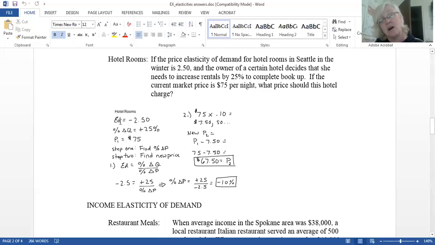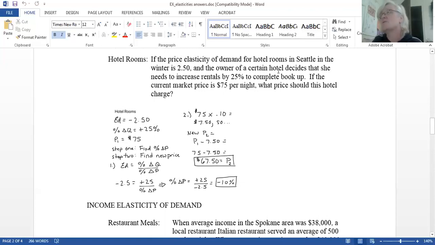That introductory clause said to me, I translated that from English into econ: ED equals negative. It's always negative, even though they're talking about it in just the absolute value sense. We always put, for our calculations, that negative in there. Otherwise, it's going to give you a positive increase in price, which would be wrong.